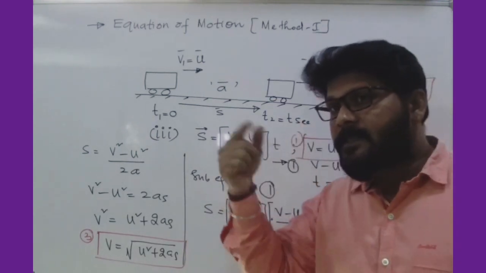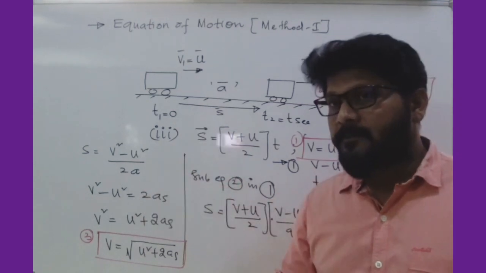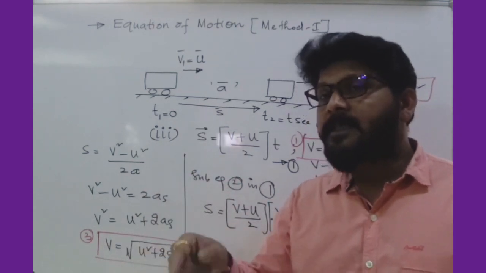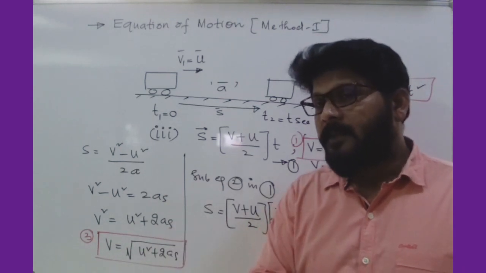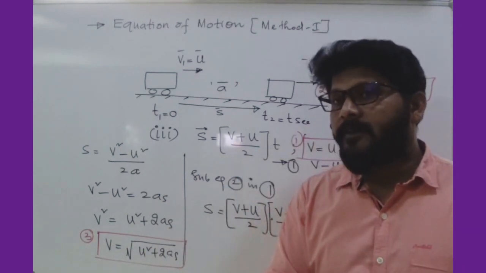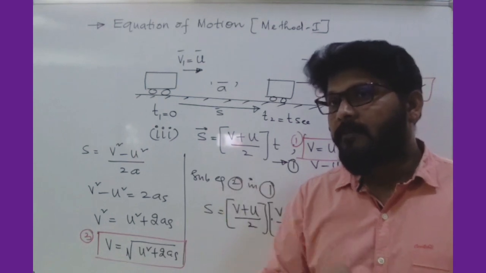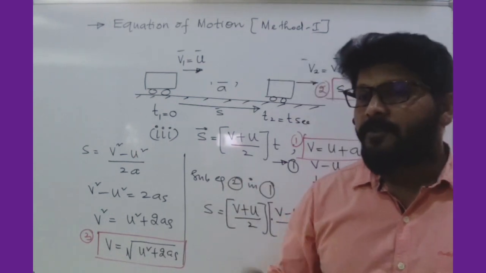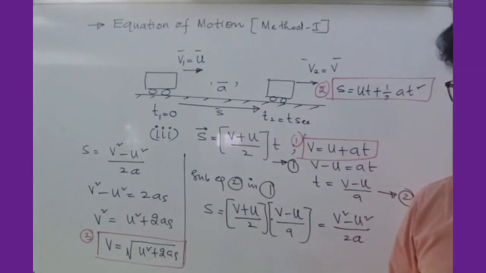This is the distance travelled in the given time. But distance travelled in the nth second is in that particular time interval. So how to calculate that? Let us see by the fourth equation. If you have any doubts till here, let me know and try to take screenshots.